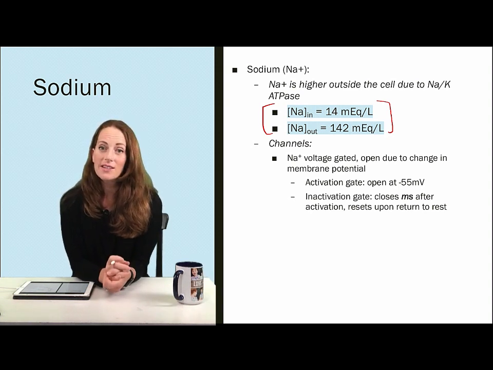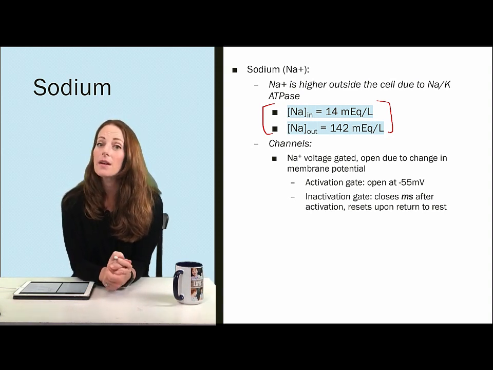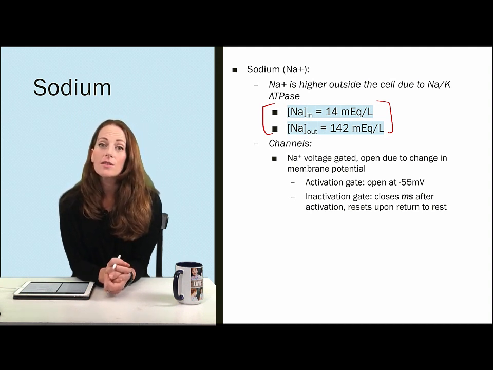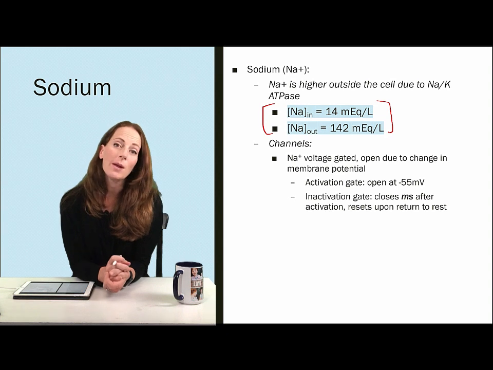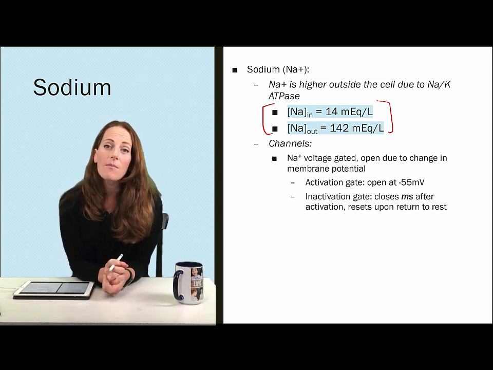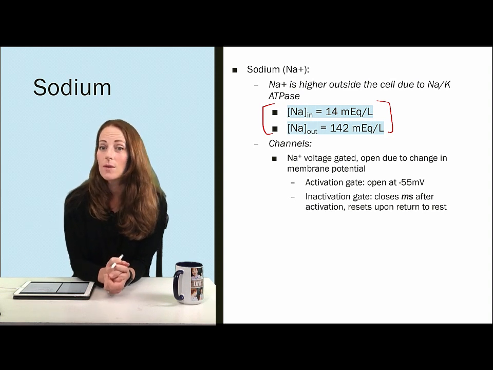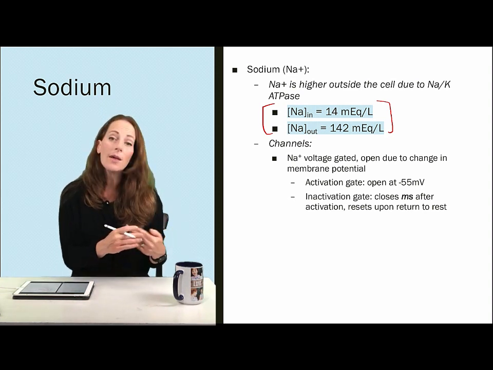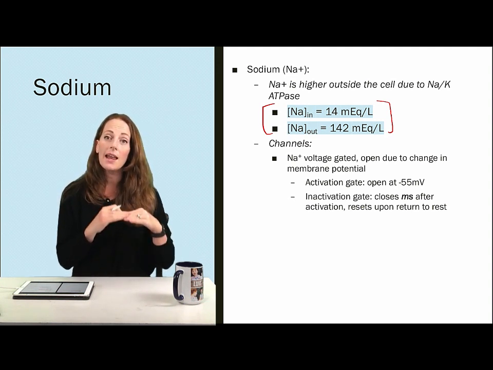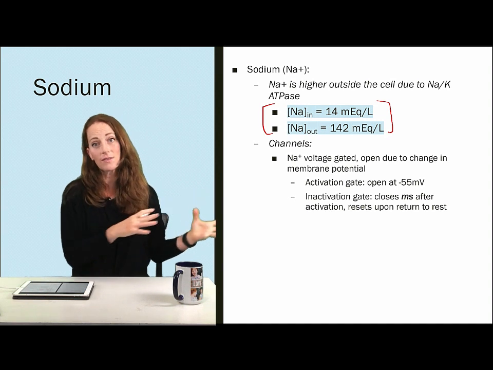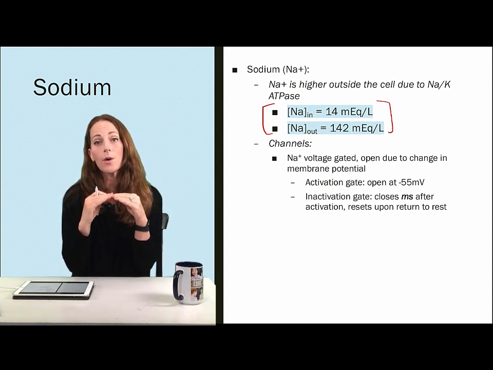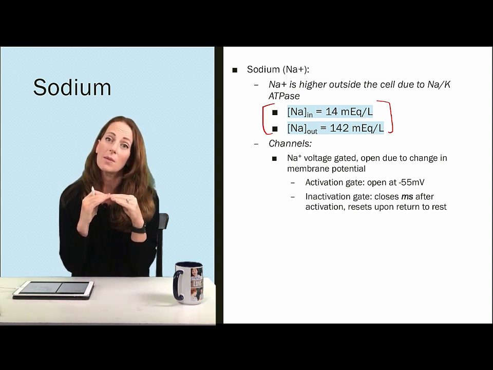The channels related to action potentials for sodium are voltage-gated sodium channels. These channels open when the membrane is depolarized up to approximately a level of minus 55 millivolts. So remember, we gave a typical membrane potential at rest of minus 80 to minus 70, and as that moves more positive with different stimuli coming in, those sodium channels will open around minus 55 millivolts.